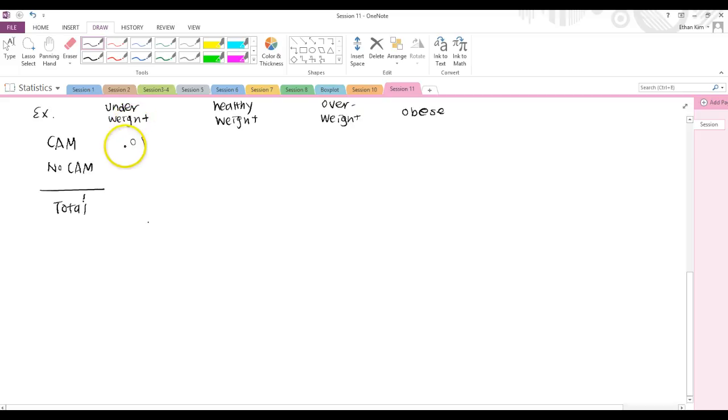Alright, so I'm going to assign some probabilities here. So pretty much we're looking at the effectiveness of this therapy, CAM, and let's see how that works out. These are the totals.